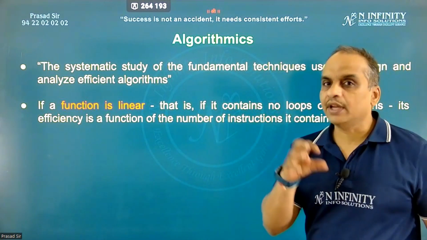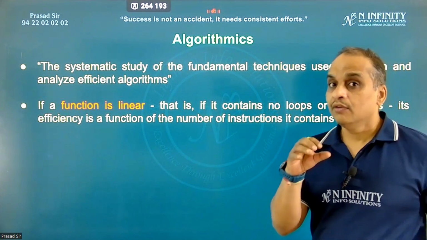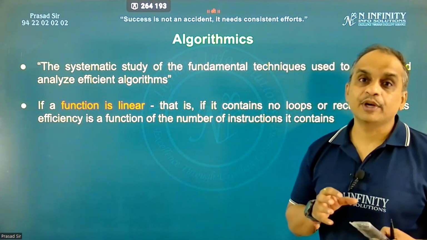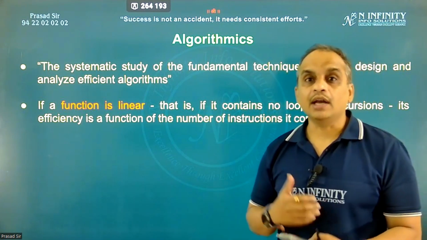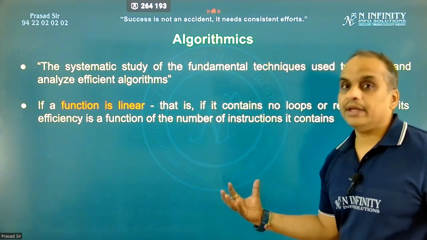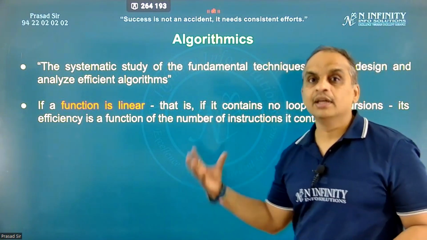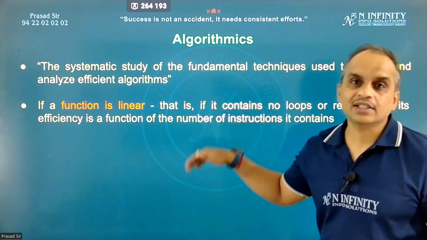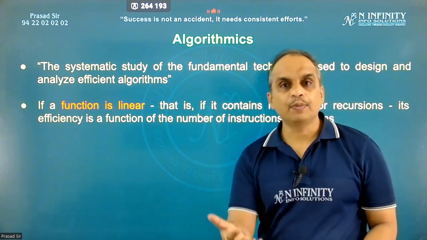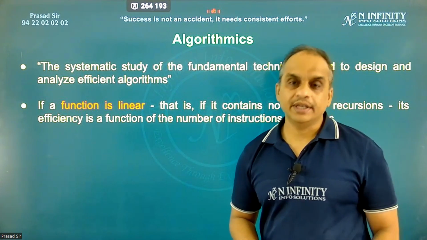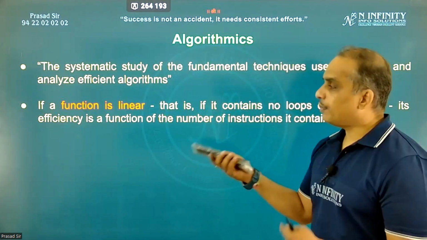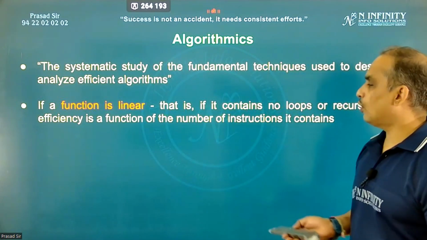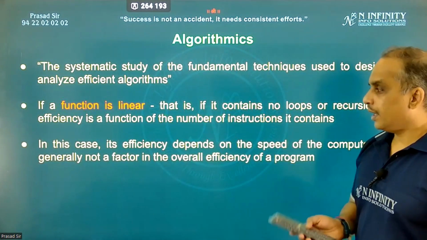But when we are talking about time complexity, we are not taking into account the speed of the computer or microprocessor, but we are talking about in what way this algorithm is designed, and इसके instructions कैसे लिखे गए हैं, इसके iterations कितने होने वाले हैं, इसके ऊपर हम लोग time complexity को decide करते हैं, right? So अगर अपना function linear है, it totally depends on the number of instructions that it contains, right?